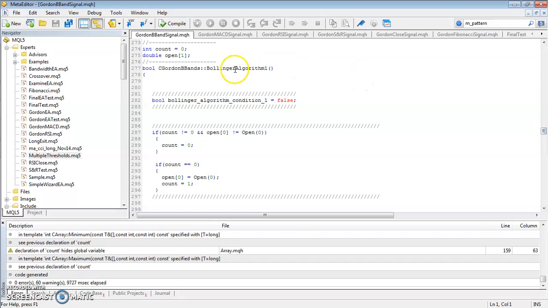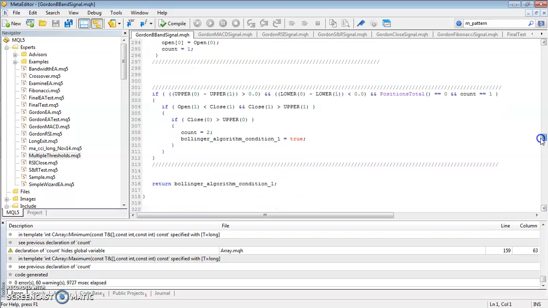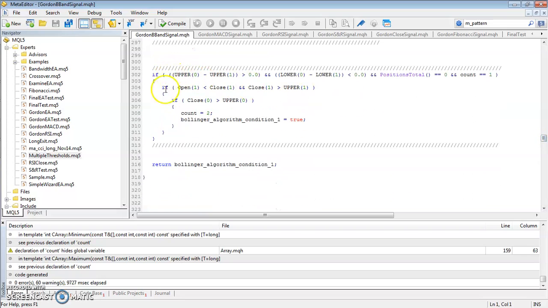So this is the first one, and this is pretty much when the upper band is going up and the lower band is going down, and there aren't any open positions.